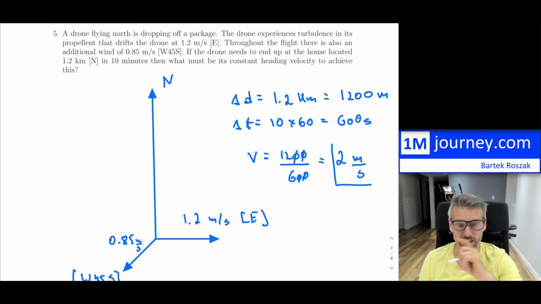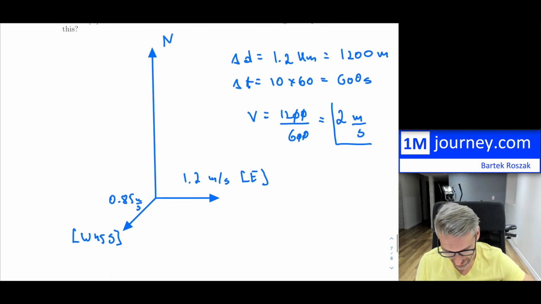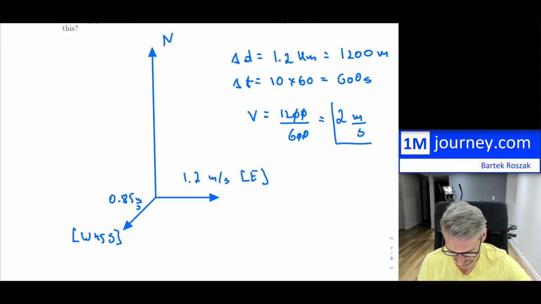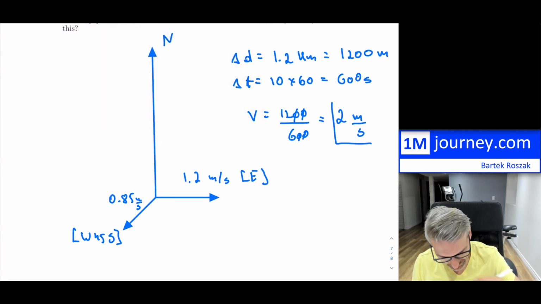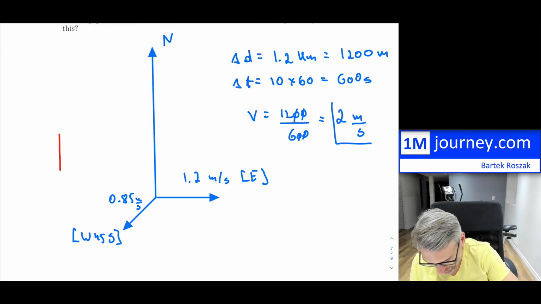So this is what we want as a resultant. And now we have these disturbances all over the place, pushing us both to the right, to the left, and then backwards a bit. This is what we want.